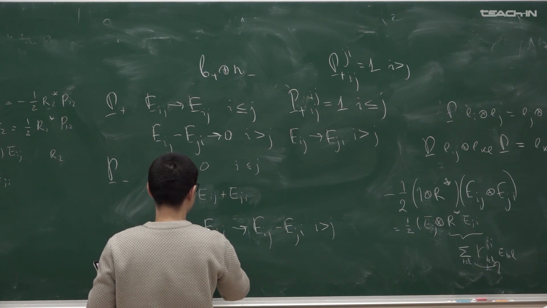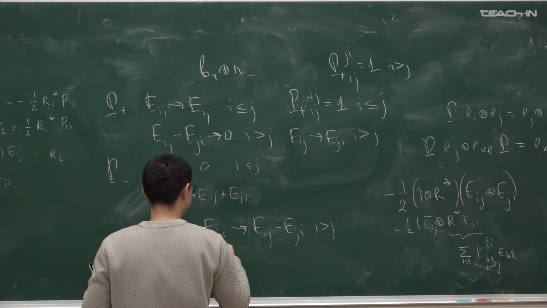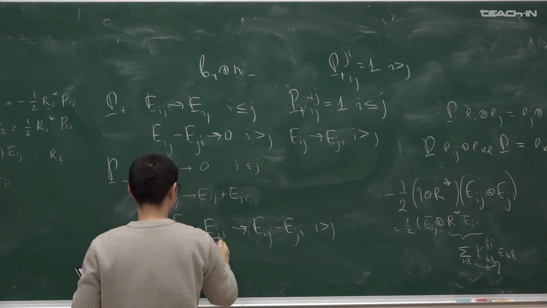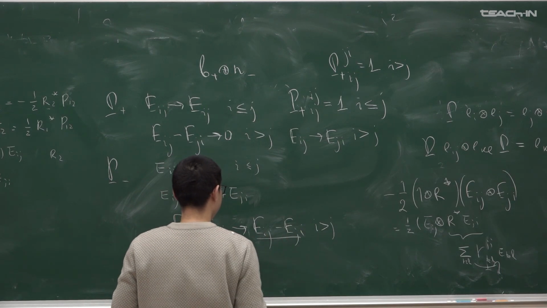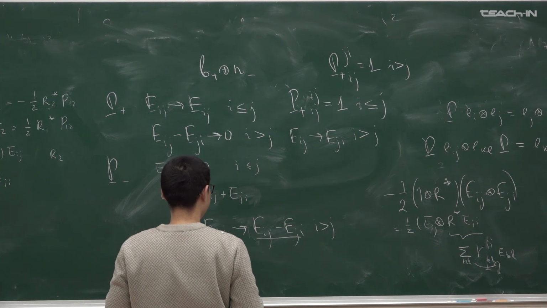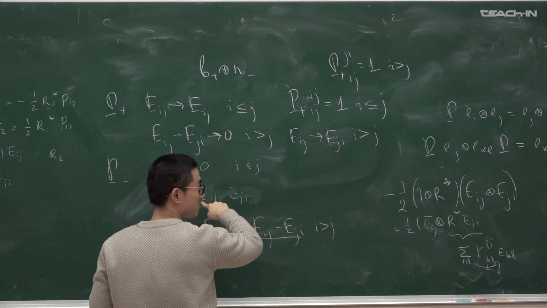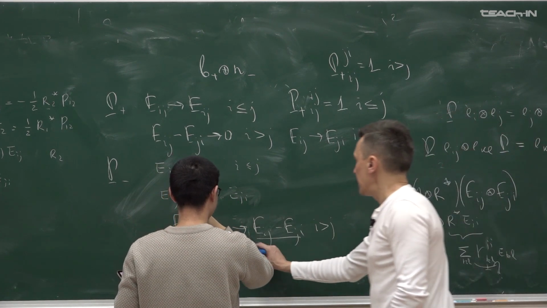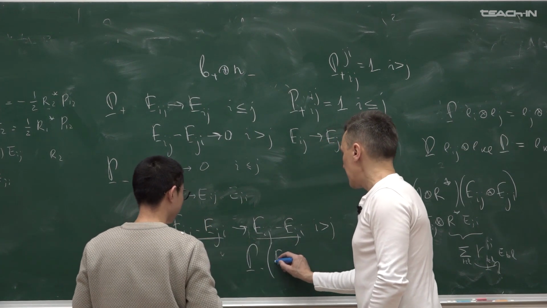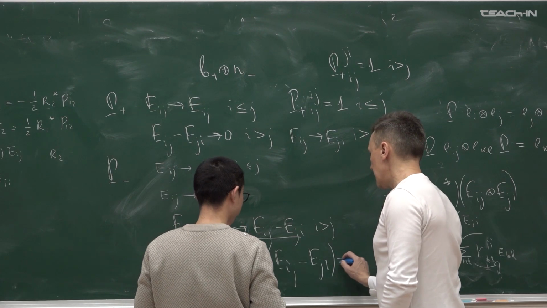This goes to 0, and we need to preserve this quantity. So we know that P minus applied to this difference is identity.